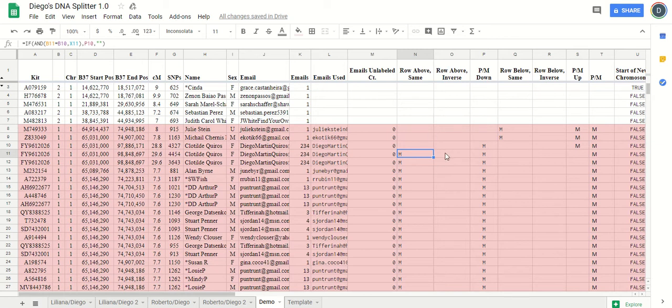Now what happens if the fragment above is the inverse or phase number 2? Then this column O takes care of it.